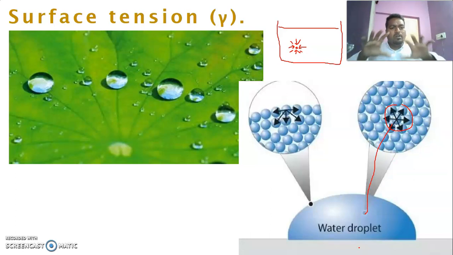It is surrounded by many water molecules, and all of them interact with it, so there is a van der Waals force of attraction between the water molecules in all directions. That's why the net force acting on the water molecule at the center is zero.